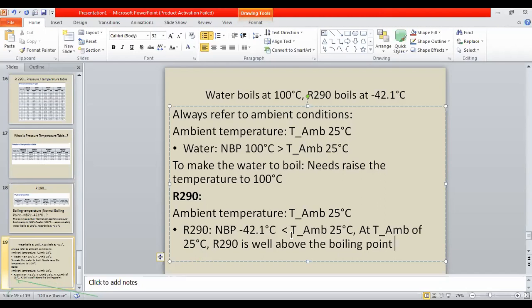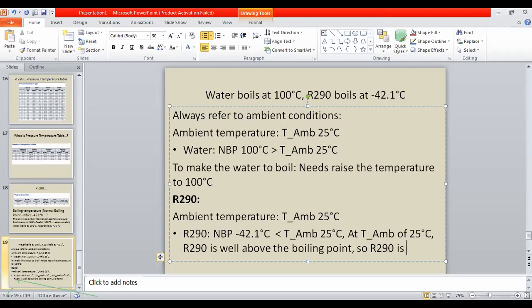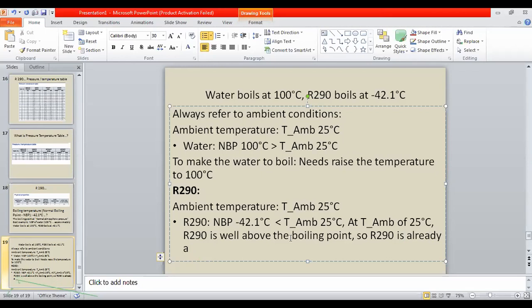So how above? Well above the boiling point. So R290 is already in gas form. It's already a gas.